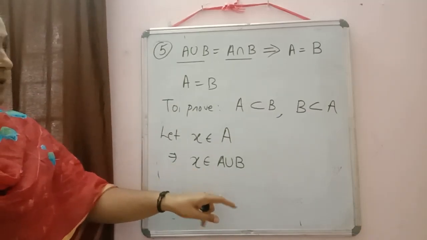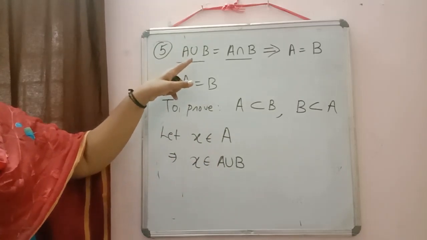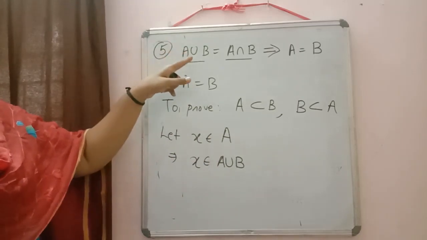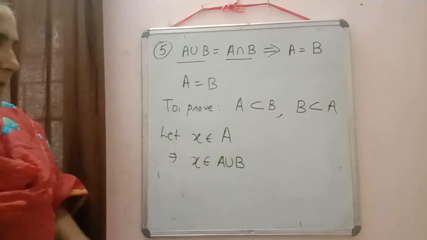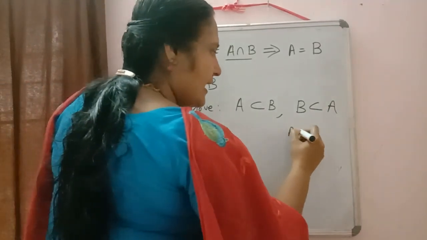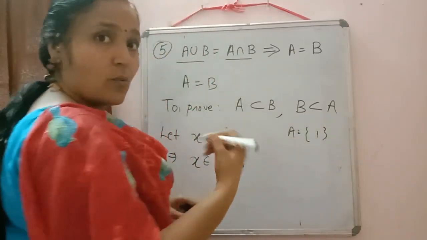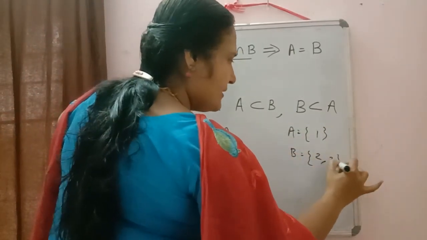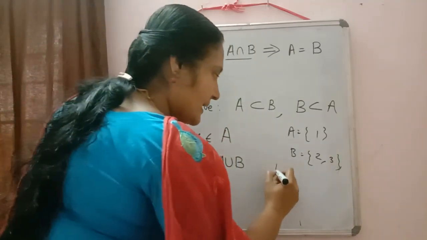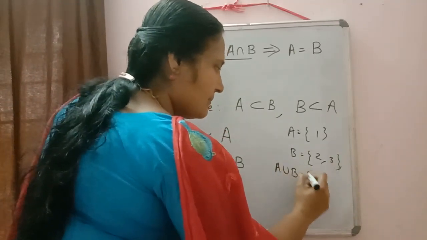Why I wrote this one? Because this information is given. That's why we have to use this information. Okay. So just I am giving you one example. Suppose in set A I have only one element, 1. And in set B I have two elements, 2 and 3. So when we will write A union B, what will come?